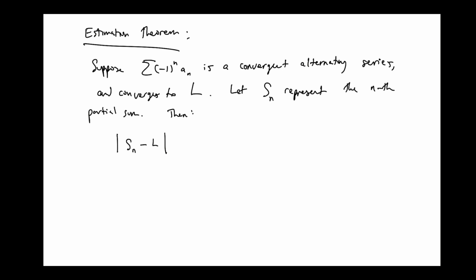So that's why we've got the absolute value there, because depending on whether we stopped on a plus or we stopped on a minus, we could either be too hot or too cold, so to speak, in terms of the Goldilocks analogy. Do you guys know Goldilocks and the Three Bears? It's a children's story.